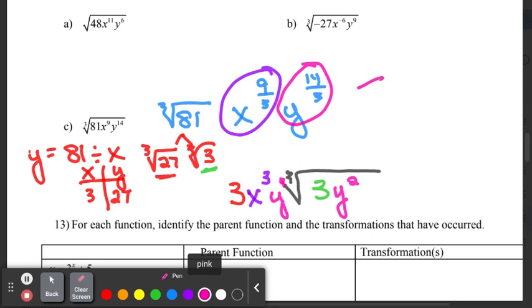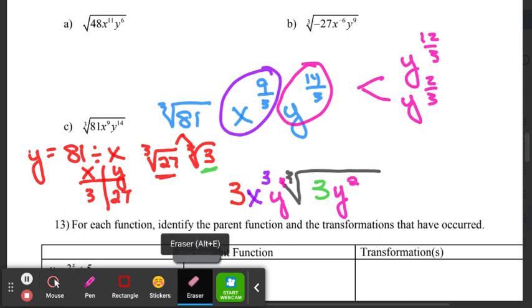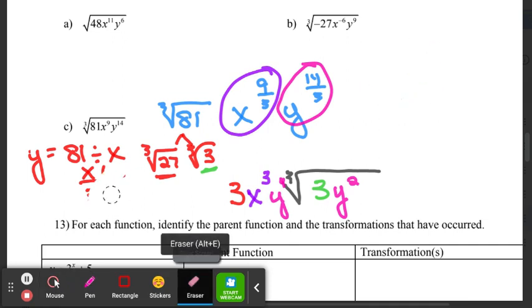You could also split this y to the 12 over 3 with a remainder of 2 over 3. If you want, that's fine. As far as showing work for a test, it's because you want to get full credit. That's fine.